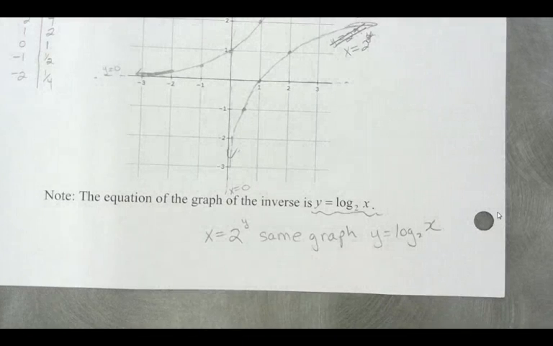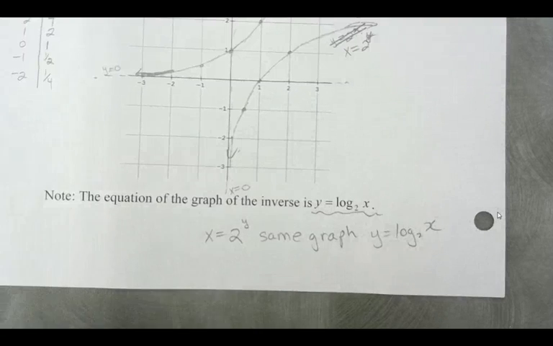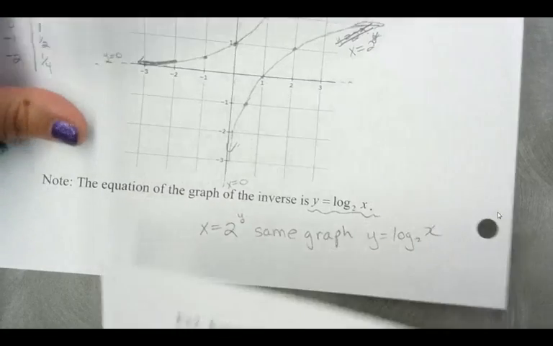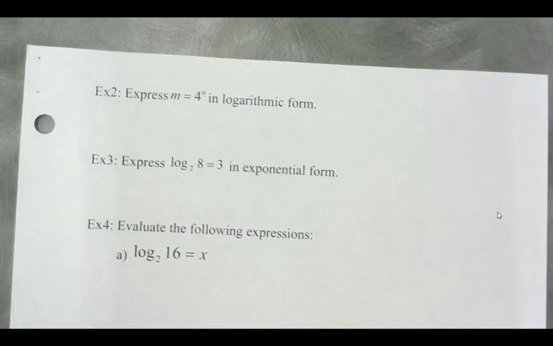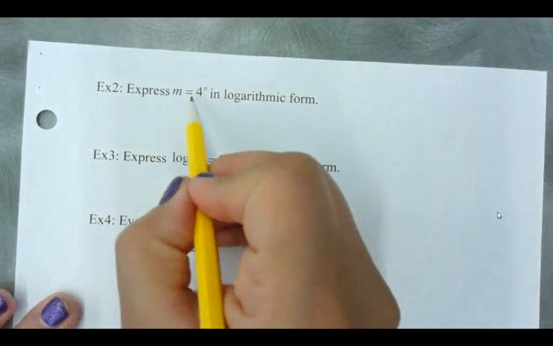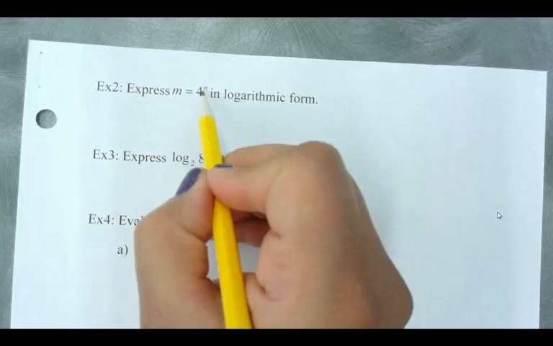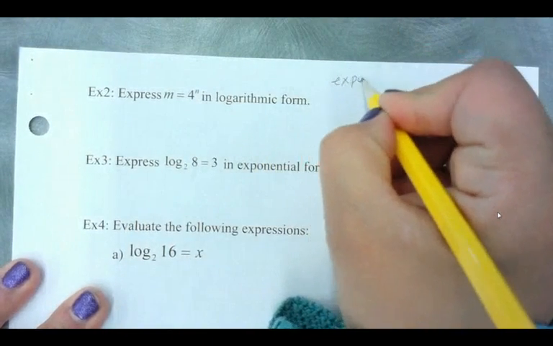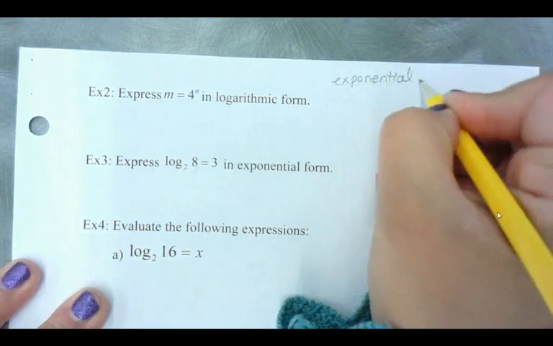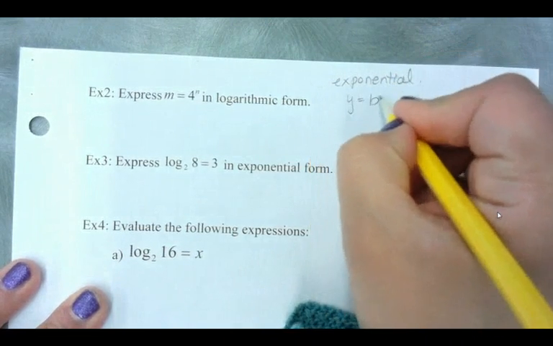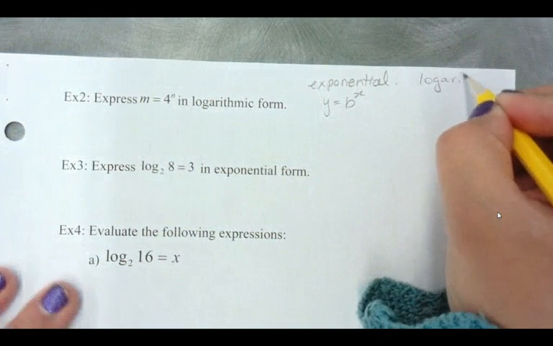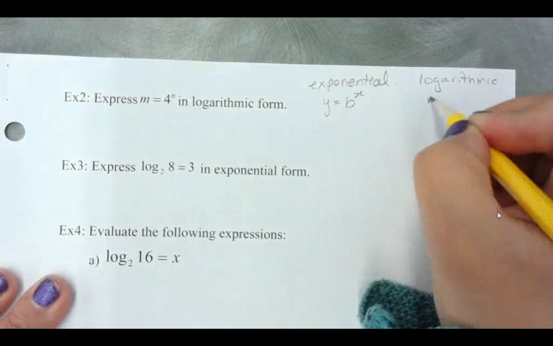Okay, so now example 2 on the next page says express m equals 4 to the power of n in log form. Let's write down our exponential form here, and then our log form here, so that we have it for reference.